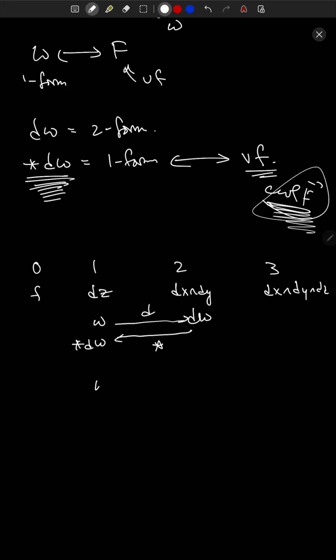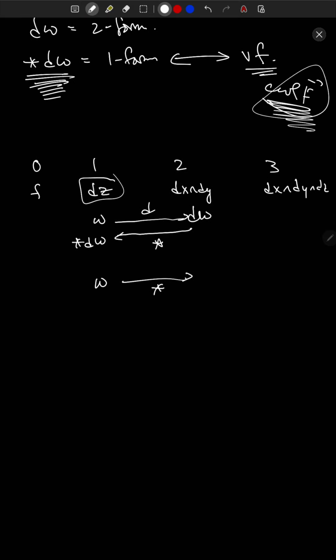Now, alternatively, I could do this. I start with a vector field. Again, these guys can be thought of as vector fields. I can move it to here using star first, so I get star omega.